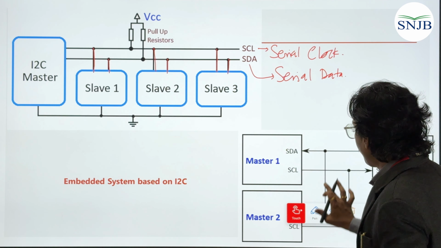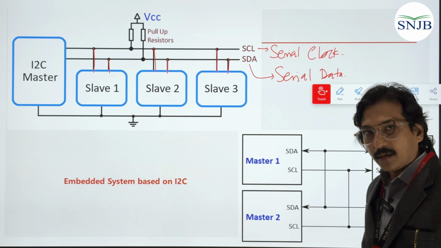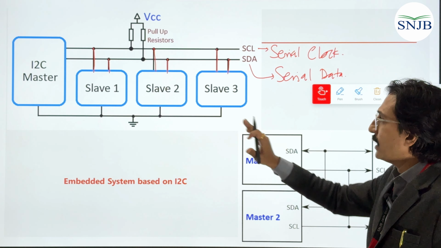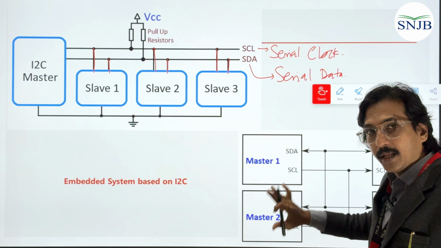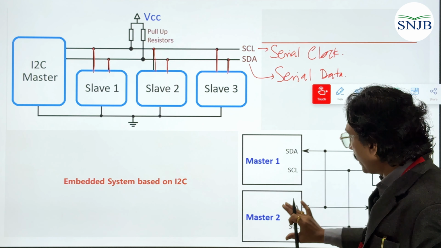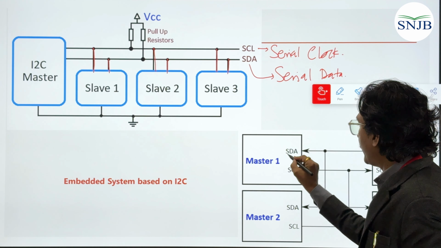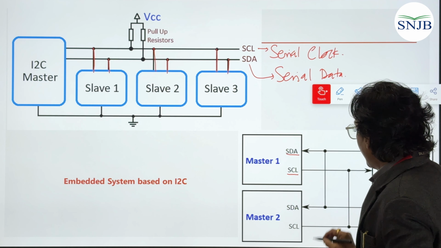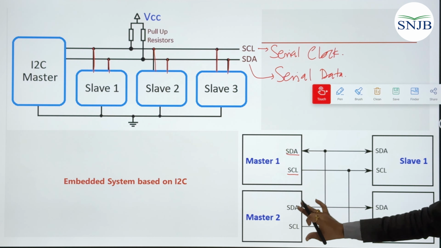Here you can see that this is supporting multi-master, meaning I2C. This is one configuration of single master. This is a configuration of multi-masters. Master number 1 and master number 2 are over here, and they also have serial data and serial clock, bidirectional, and both the slaves are connected to both the masters.